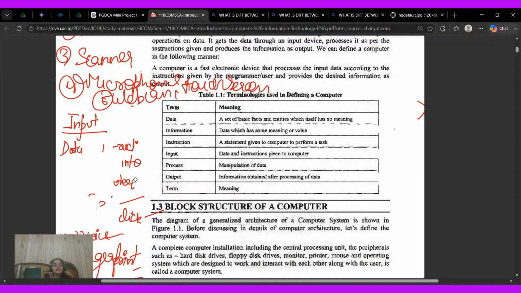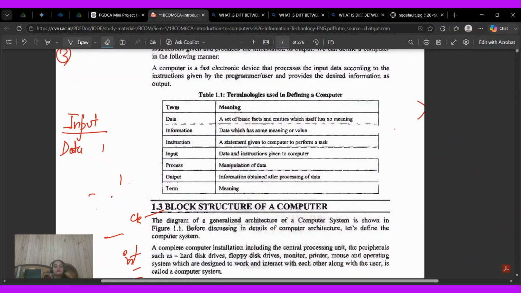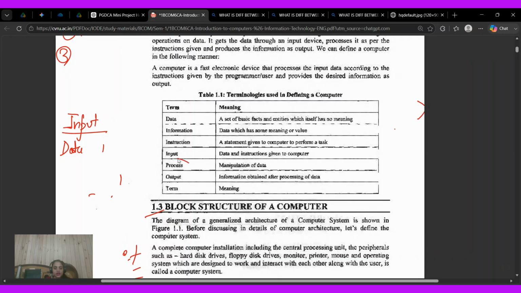We manipulate someone when we want to change their decisions. In companies, these words are used. The next term used in defining a computer is very important. The word is manipulation, under process.